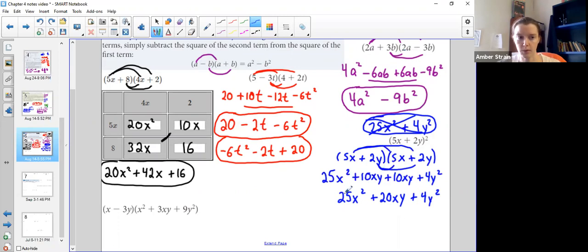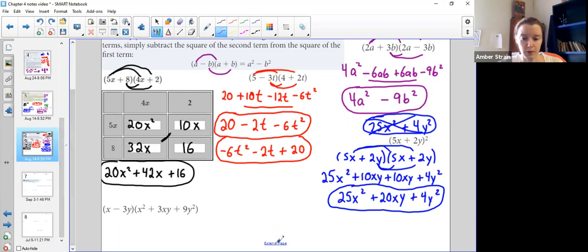So we will always get 3 terms. A binomial squared, no matter what, always has an answer with 3 terms. If you put that in your brain, it will help you avoid this mistake that kills the puppies. So don't do it.